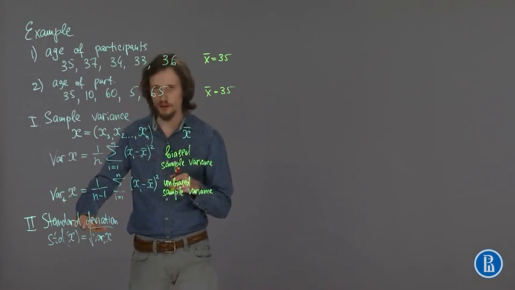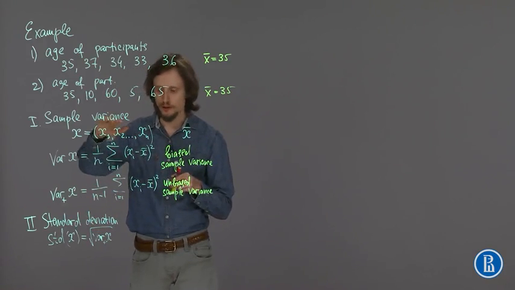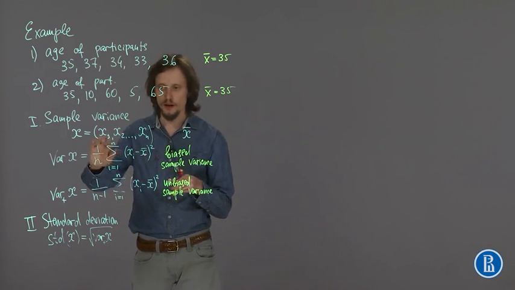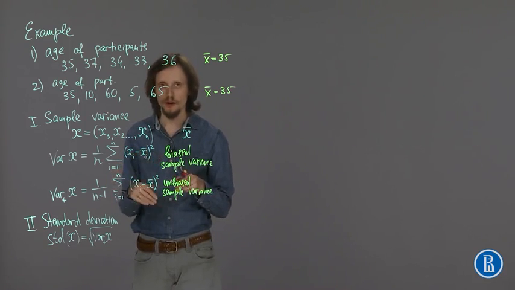The advantage of standard deviation over variance is that it uses the same units as x itself. For example, if x is age and it is measured in years, then x bar is also measured in years, and the square of this difference is measured in squared years, which is a rather strange unit.